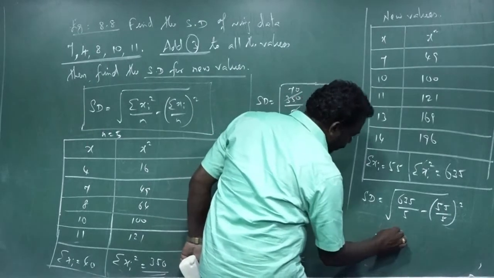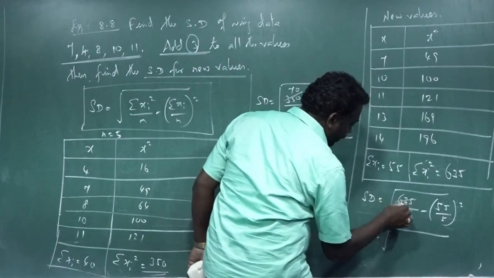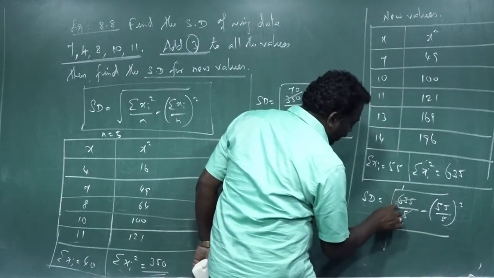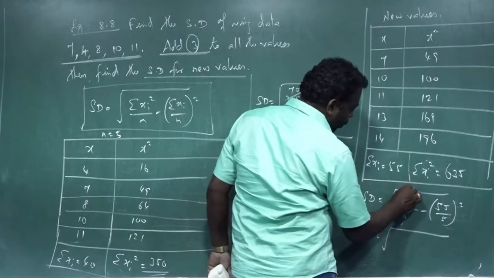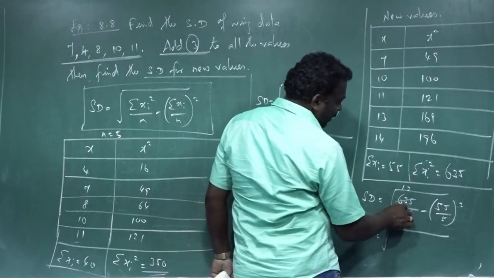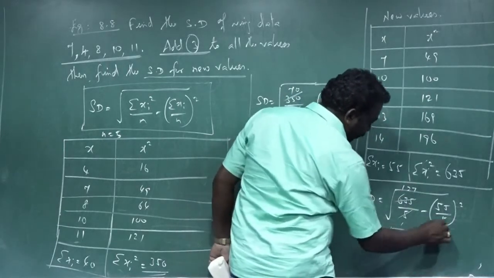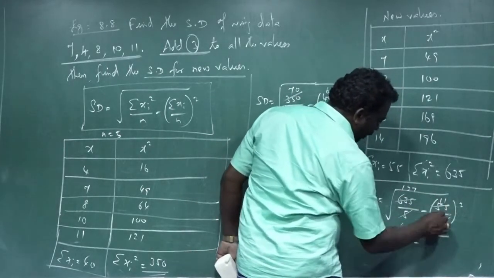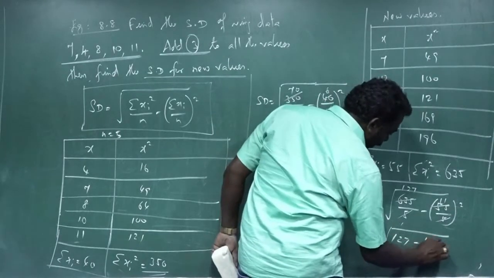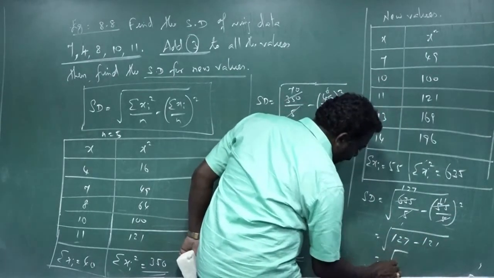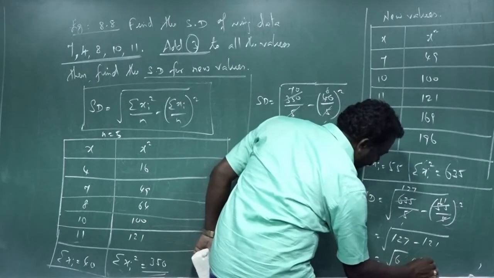That is the square root of 127 minus 11 squared, that is 121. That is the square root of the remaining 6.